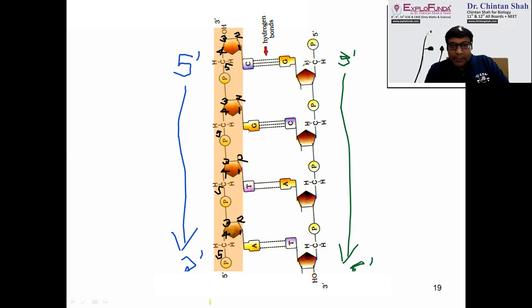This is where the nitrogen base is attached, so this is carbon number 1. This is 1 for everyone. Yes or no? This is carbon number 2, and this is 2 for each of them.